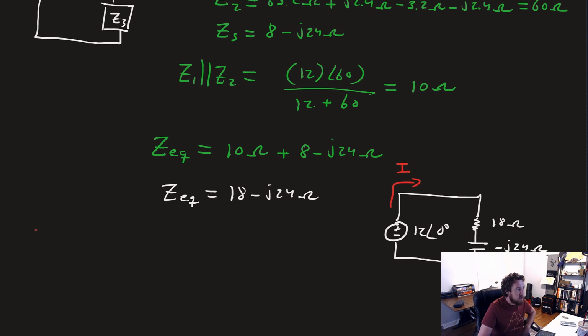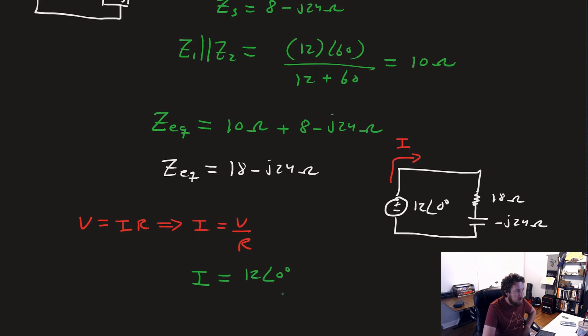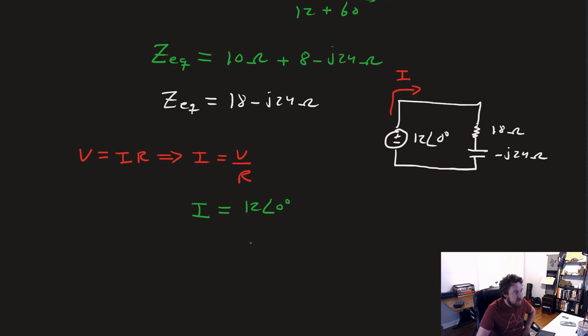Remember, I'm trying to find our current. We use our regular Ohm's law, V equals IR, which means that I is equal to V over R, which means that in this case, I is equal to 12 at 0 degrees over 18 minus J24 ohms.